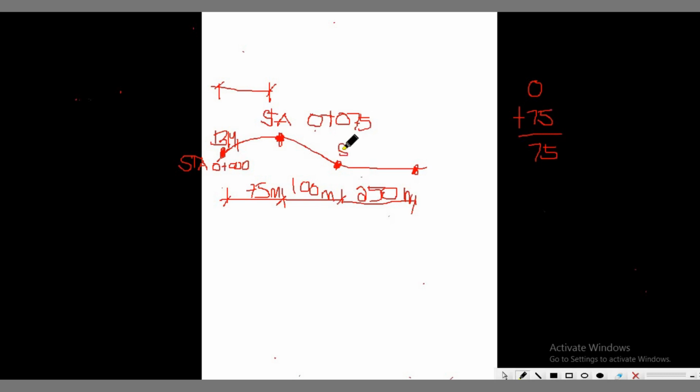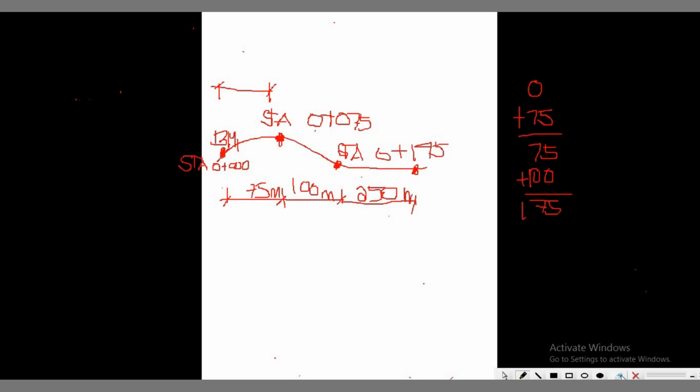I ended at 75 plus 100, equal to 175. So the station here is 0 plus 175.